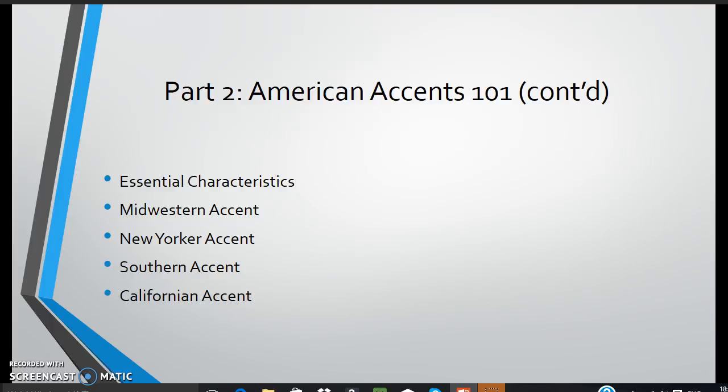Finally, we have the Californian accent. For the Californian accent, we just have two major characteristics that we will discuss here. Many of the sounds are pronounced with the mouth open very widely. For instance, we could say, I can't believe you did that.